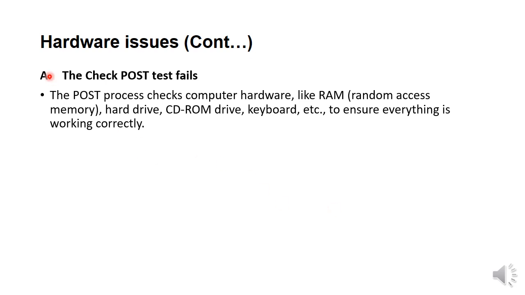So the check POST fails, or just the BIOS power on self-test fails. So the POST process checks computer hardware like RAM, which is random access memory, hard drive, which is a permanent computer storage device, CD-ROM drive, where we should put the CDs or DVDs, keyboard, and the other hardware which are needed by the computer to operate.